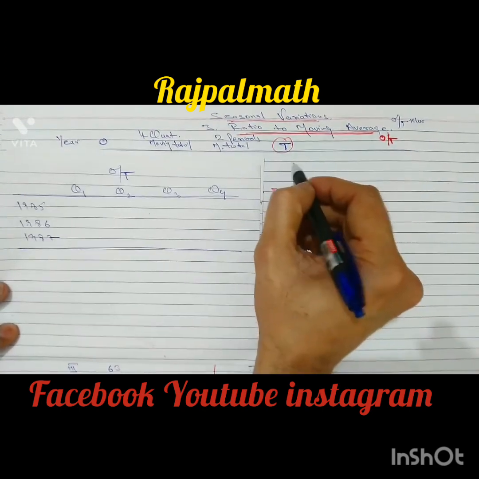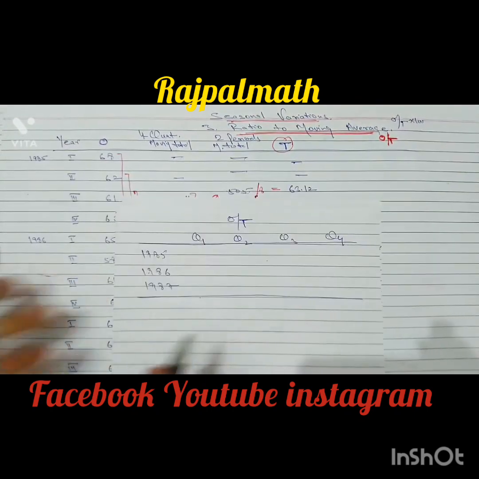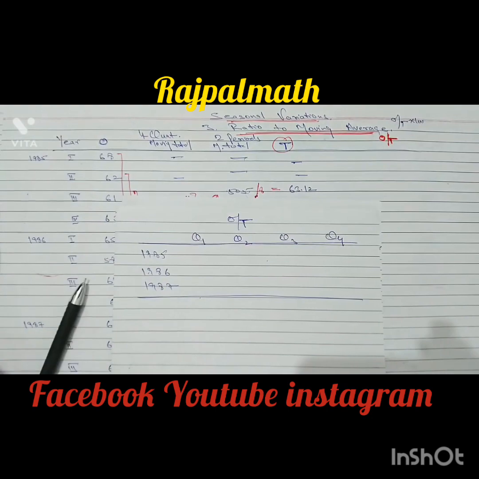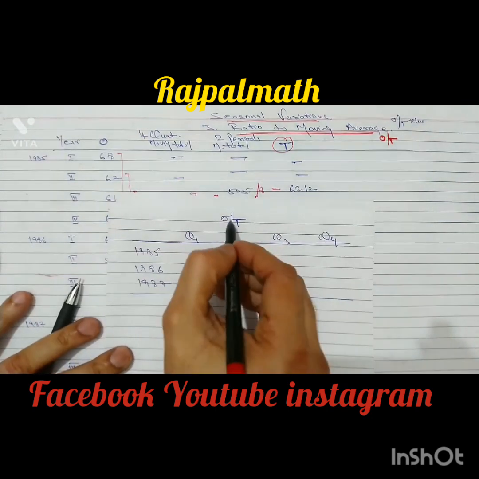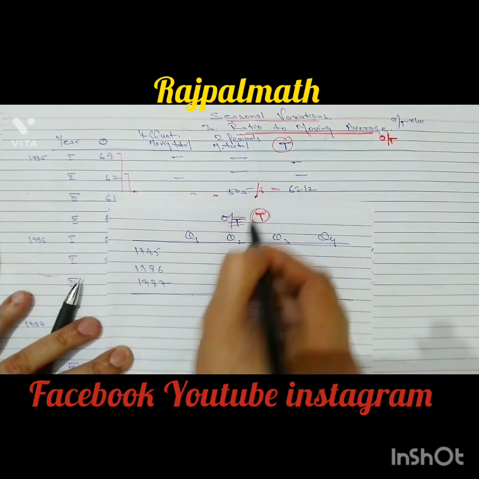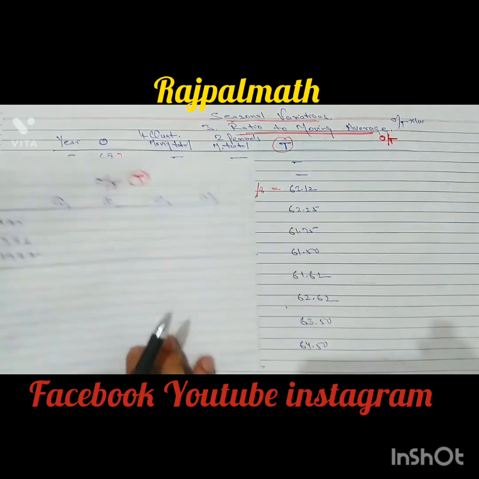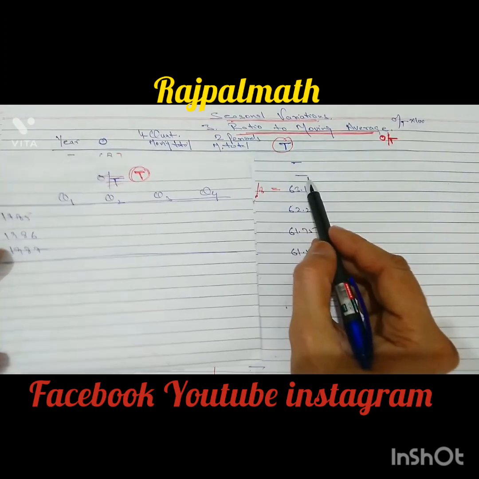Now first, the T table. This is the T table, not O minus T. Now check the T values. For the first two, dash, dash.